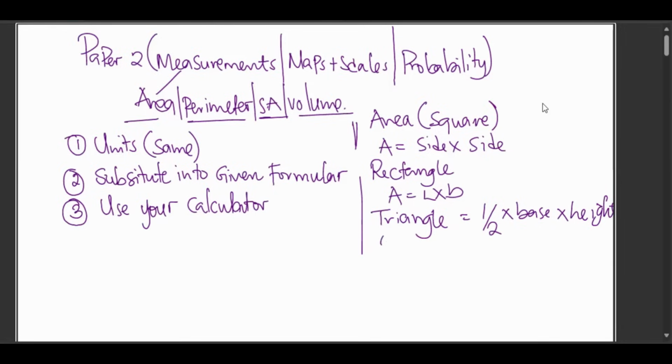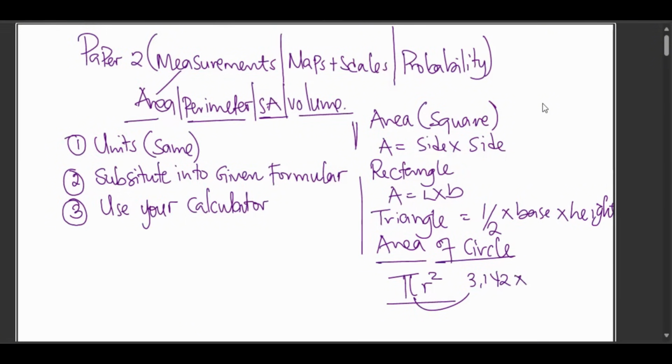Then area of a circle. Remember, this is a circle, so the formula will always be pi r squared, where pi is 3.142, and r is the radius, radius times radius, or radius squared.